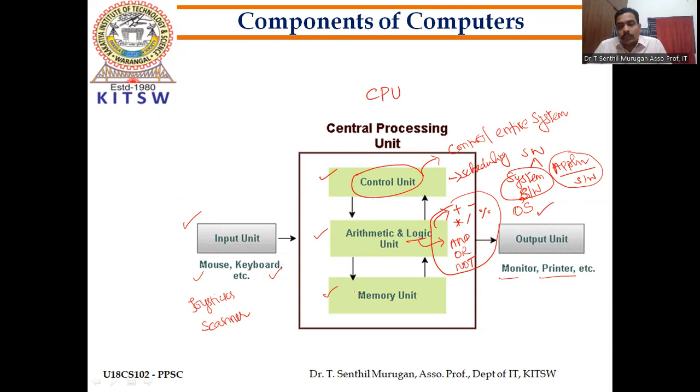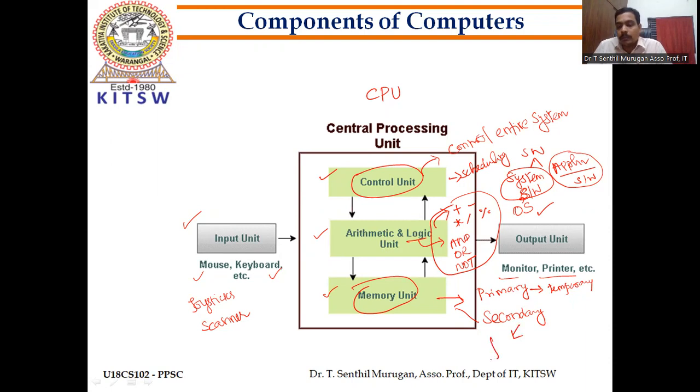The next one is the memory unit. Whatever operation we do will be stored somewhere, so for storing purposes we need a memory unit. The memory unit may be classified into two categories: primary memory and secondary memory. Primary memory is temporary storage.